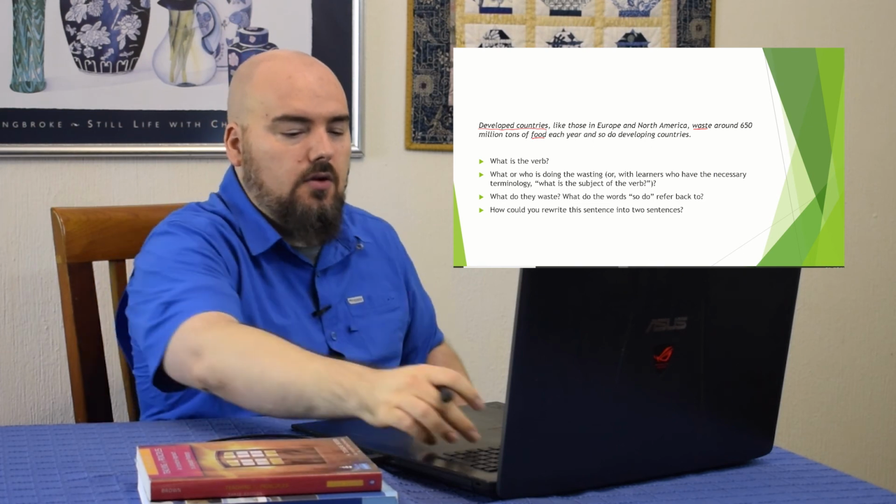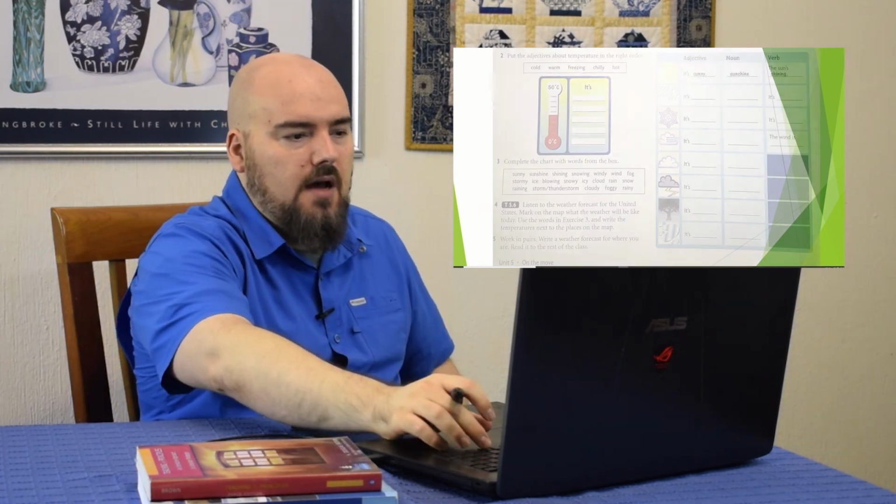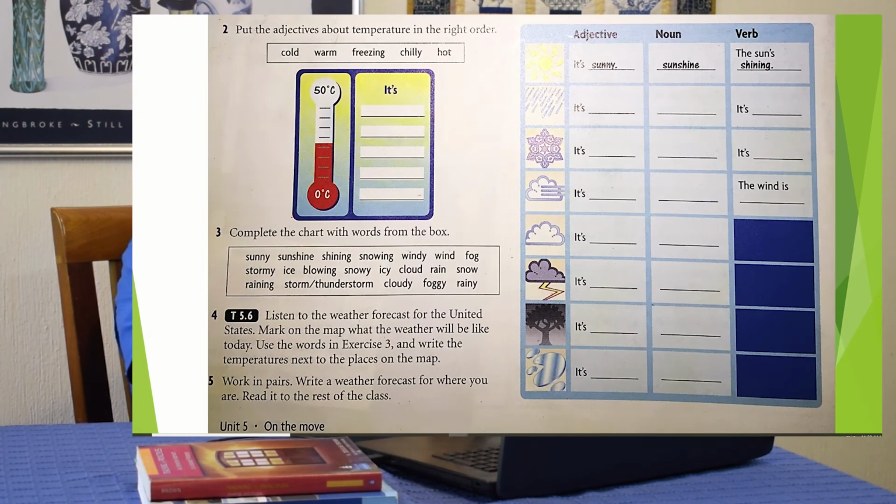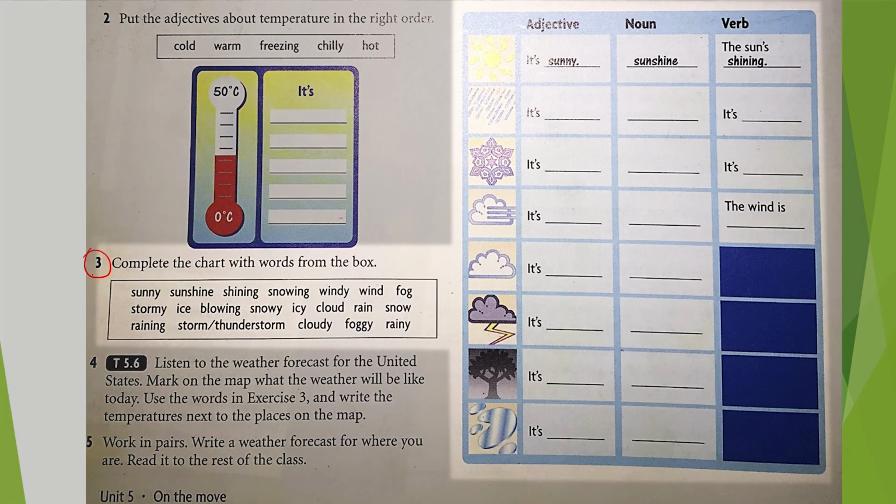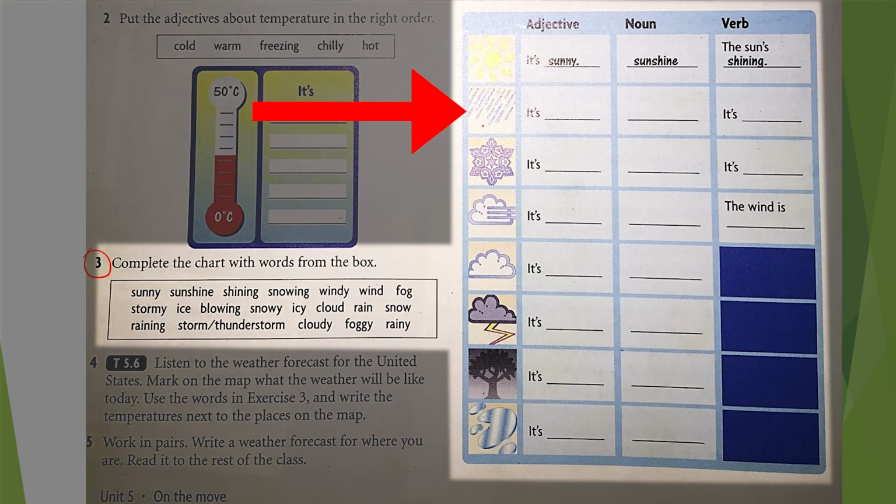Okay, let's look at one more. So for example, we have this activity right here. So let's look at that. That's rain. Okay, so rain. So it's the verb raining. Very good. So today it's rainy. Very good. All right, so that is snow.